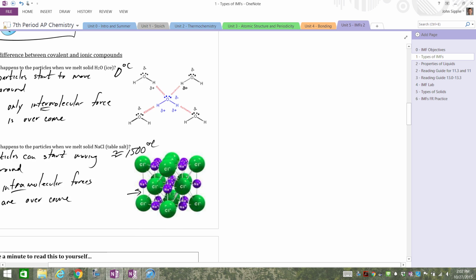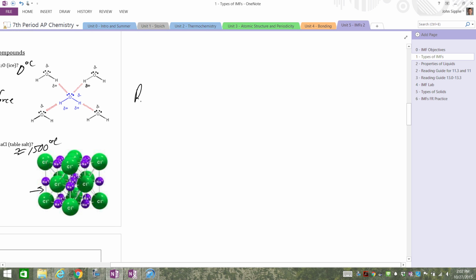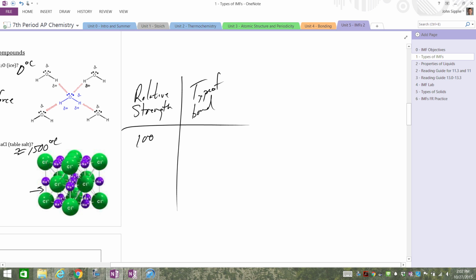All right, so for example, I'll put relative strength and type of bond here real quick. Ionic, covalent, H bond.